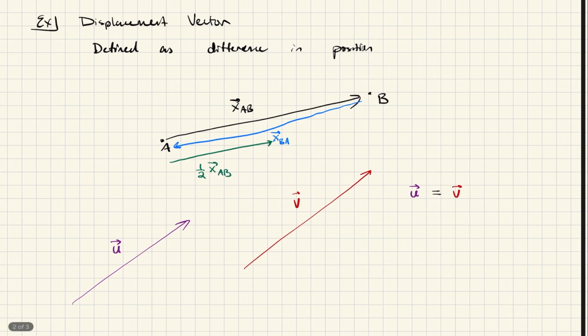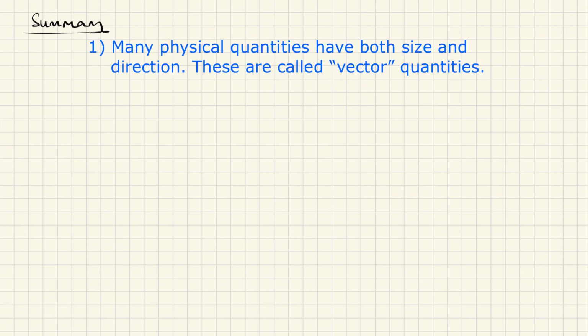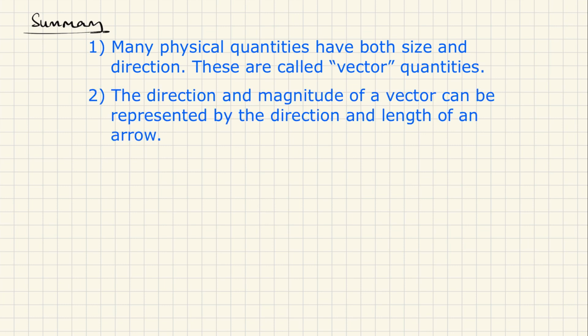And so as per usual, let's summarize some of the things we saw in this video. First, some quantities in physics, such as displacements or velocities or forces, have both a size and a direction. These are called vector quantities. Secondly, vectors can be graphically represented by arrows. The direction of the arrow shows us the direction of the vector, and the length of the arrow tells us the magnitude of the vector.